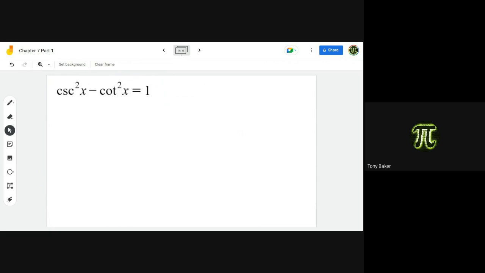So looking at this problem, what do we have to do? We somehow have to get rid of everything, right? So somehow I've got to make things the same. Okay. So what would you like to try?